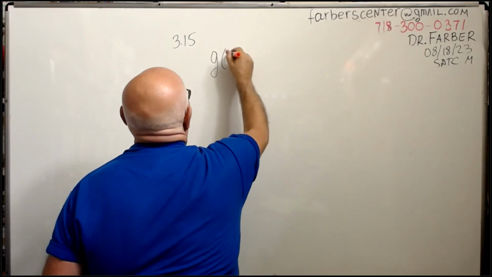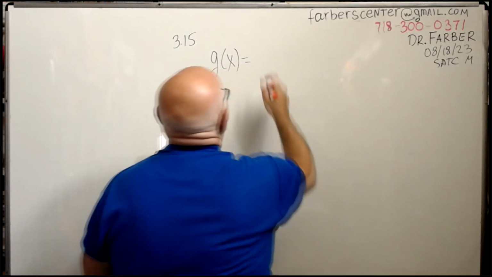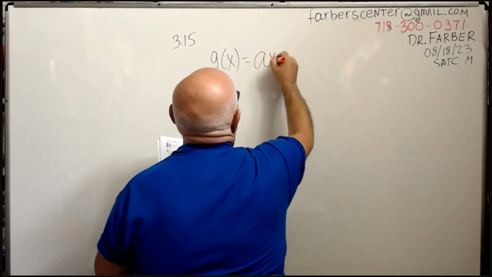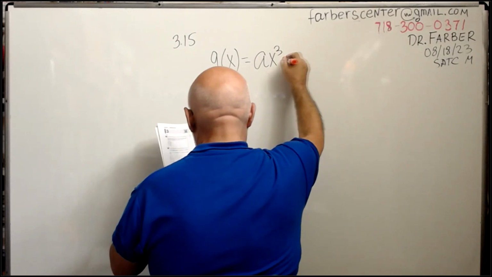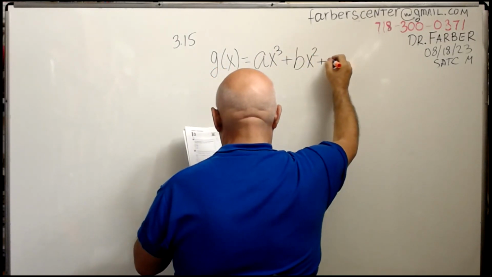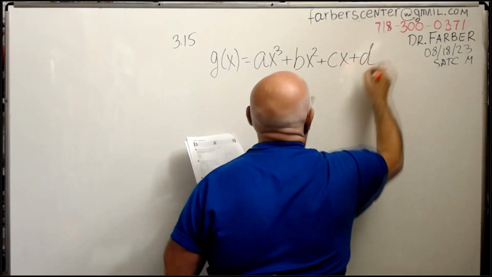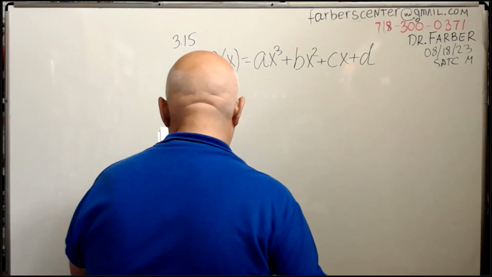Again, fine print. If I make a mistake, let me know. g(x) equals ax cubed plus bx to the second plus cx plus d. What else do we know?